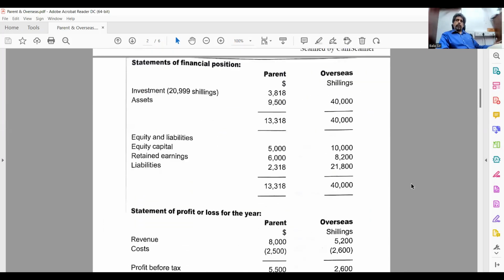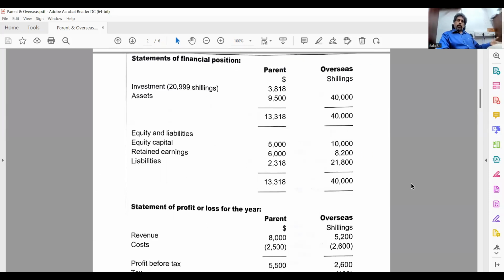And then the statement of financial position is given, nothing but the balance sheet, as at 31st December 20x7. They're given 3 columns: particulars, then the parent, which is in dollars, and then the subsidiary's information, Overseas, in shillings. Investment 20,999 shillings under parent, $3,818.